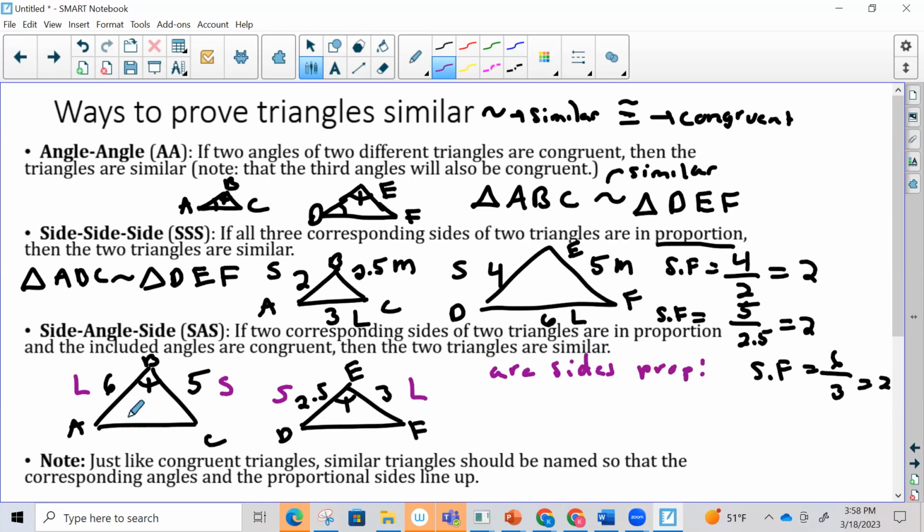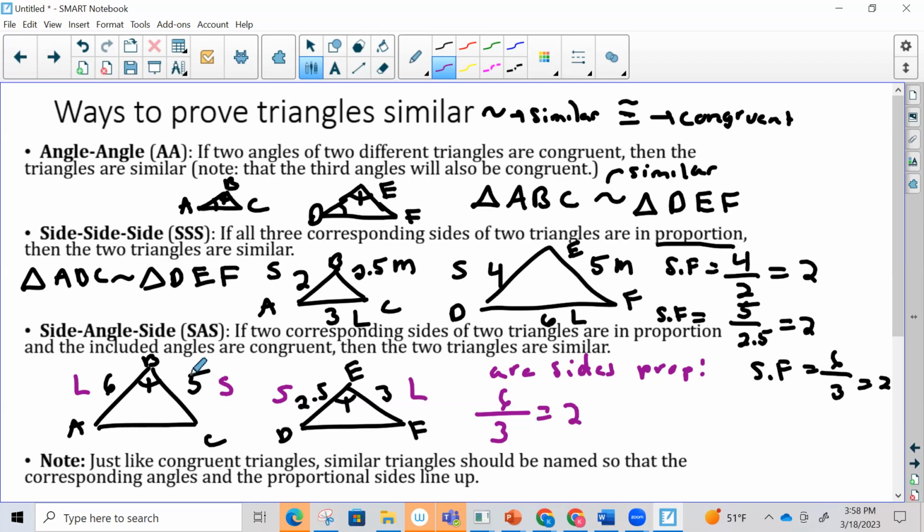I'm going to do, and again, you can do 2.5 divided by 6 or 6 divided by 2.5. I find that students prefer the larger divided by the smaller. And I meant 6 divided by 3 or 3 divided by 6 because I'm going to match up the corresponding sides, which are the large ones. So I'm going to do 6 divided by 3, and that gives me 2.